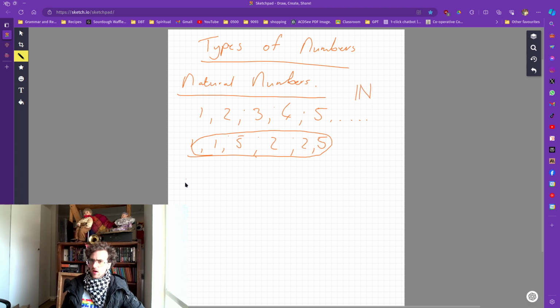The next one we've got is a whole number. Now a whole number starts with 0 because a whole is not whole without 0, right?